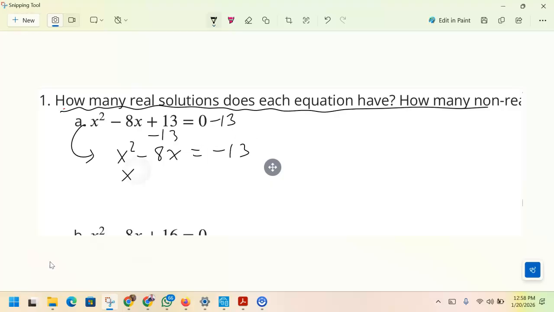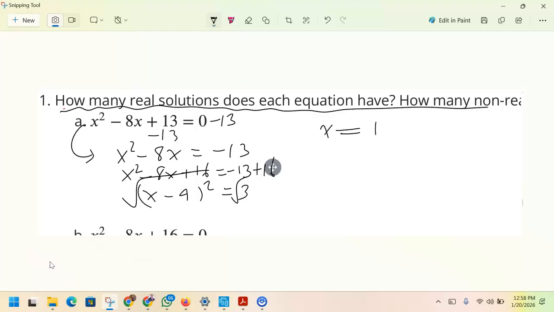And then we added 16 on both sides. Check your previous problem, and then we got x minus 4 the whole square equals 3. And when you take the square root of both sides, you end up getting two answers, 4 plus root 3 and 4 minus root 3.